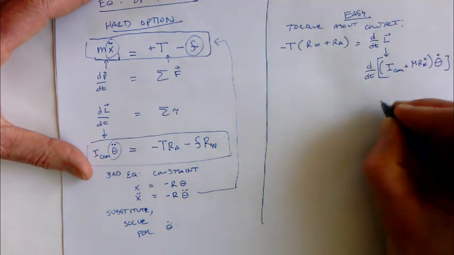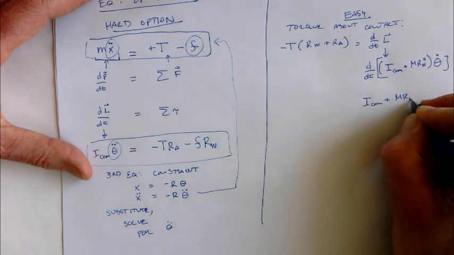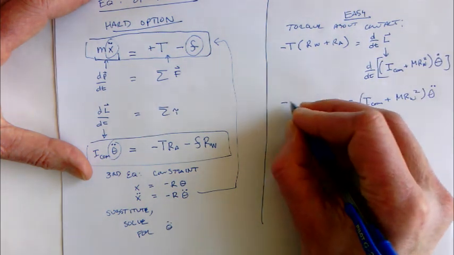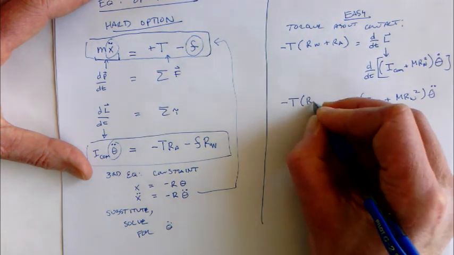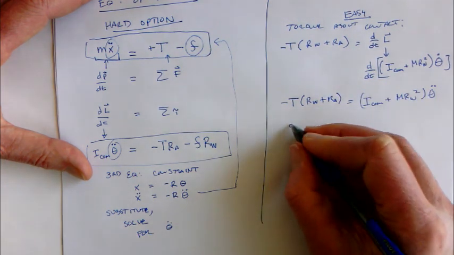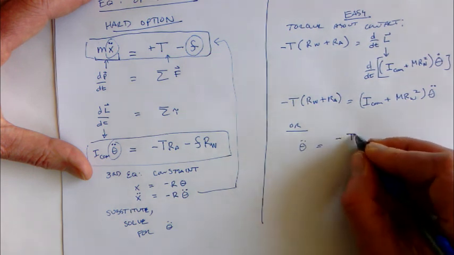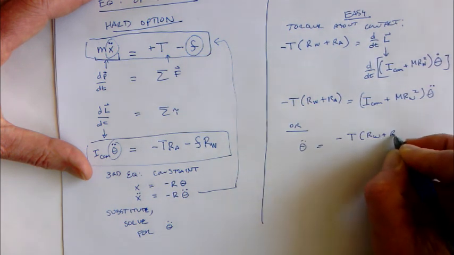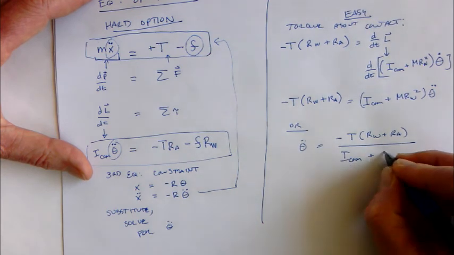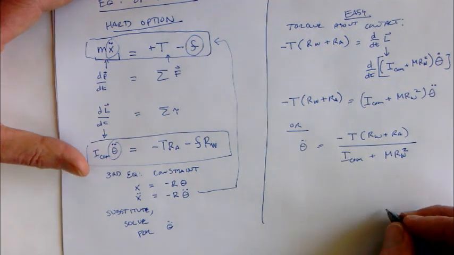In other words, we get (I_cm plus m R_w squared) times theta double dot is equal to minus T times (R_w plus R_a). Or solving, theta double dot is equal to minus T times (R_w plus R_a) divided by (moment of inertia about the center of mass plus m times R_w squared).